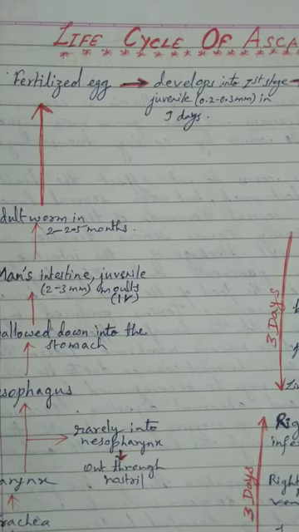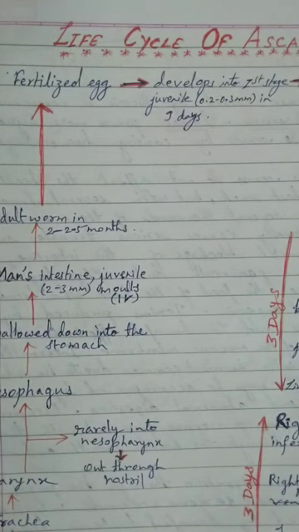Ascaris eggs are of 2 types: fertilized eggs and unfertilized eggs. Fertilized eggs give rise to new Ascaris.